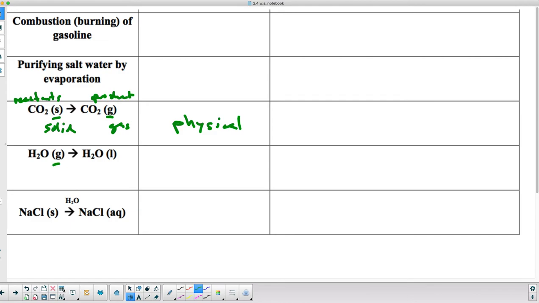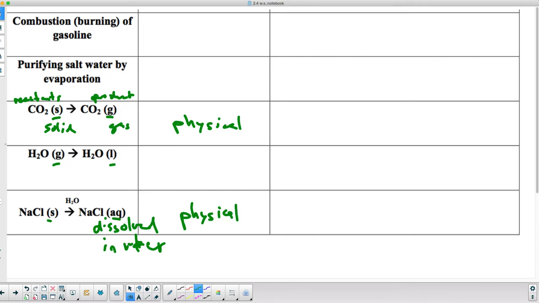And again, when we go from gas to liquid, it's the same thing. Notice that when we go from a solid for sodium chloride to aqueous, which means dissolved in water, that's supposed to say water right there. That is still a physical change. This is one thing that lots of people get wrong.